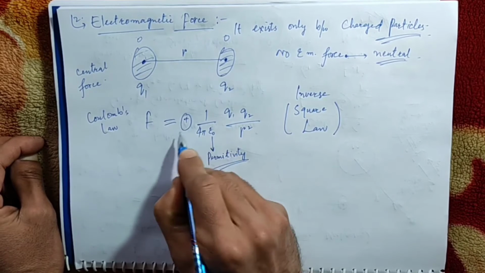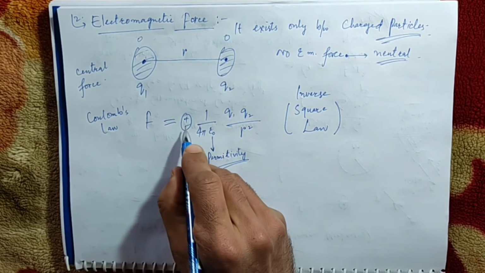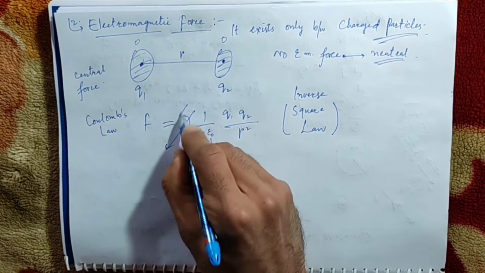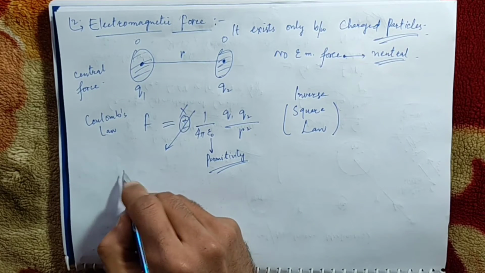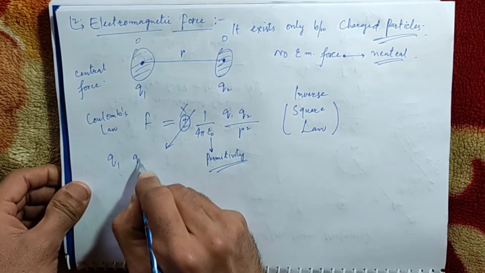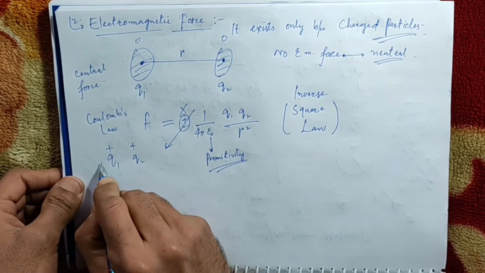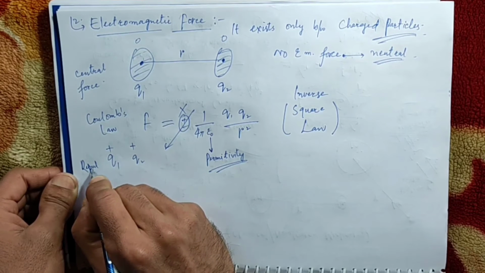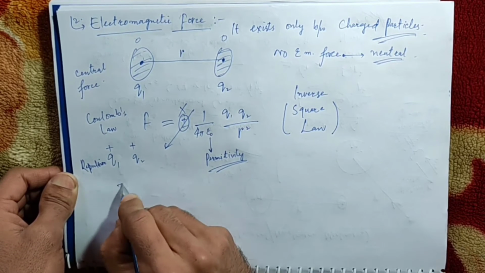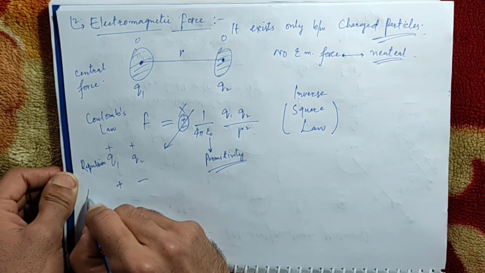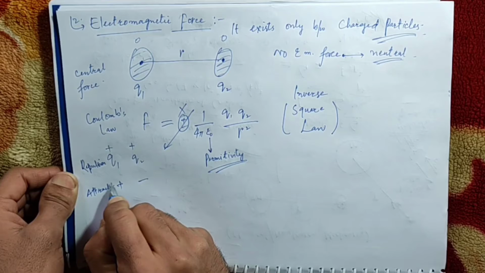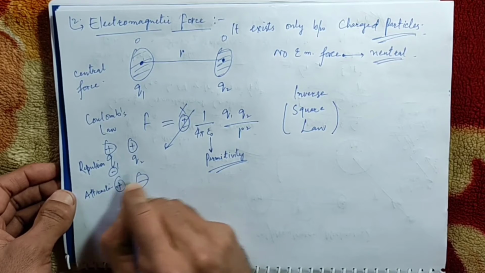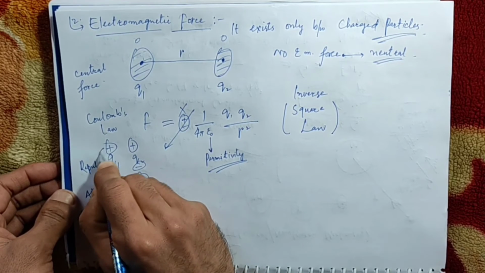Now comes the question of whether to put a positive or negative sign here. In this case we don't put any sign. Why? Because maybe the two particles Q1 and Q2 are both positive, and we know like charges repel, so there must be repulsion. If one is positive and the other negative, then there is attraction. If both are negative, then again repulsion.